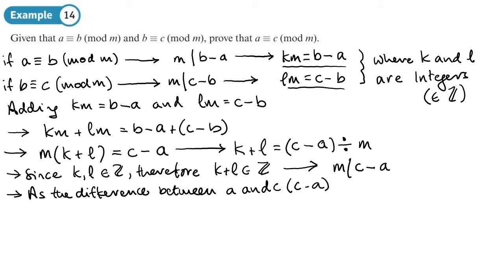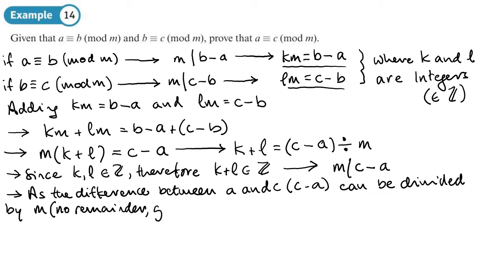As the difference between A and C can be divided by M, that means that there's no remainder, and it gives an integer.